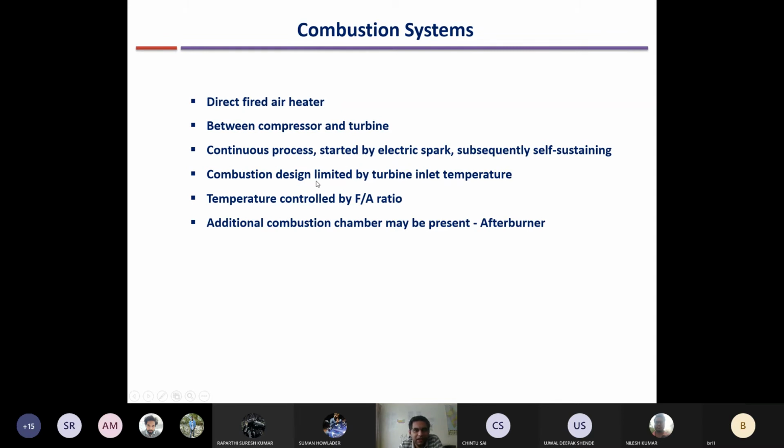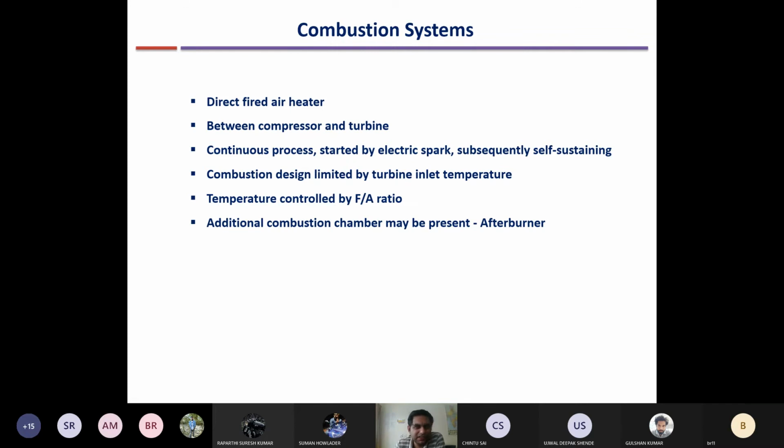And we have discussed extensively many times that combustion design is limited by turbine inlet temperature, meaning the maximum temperature that can be attained in the combustion chamber. Theoretically we could attain much higher temperatures, but because of the turbine material we keep it to a certain limit, say 1200 to 1400 degrees centigrade nowadays.